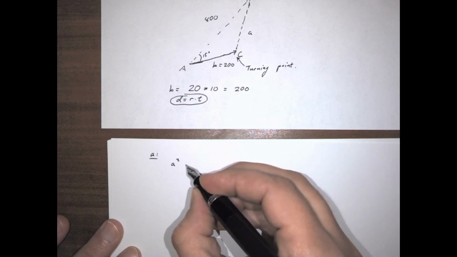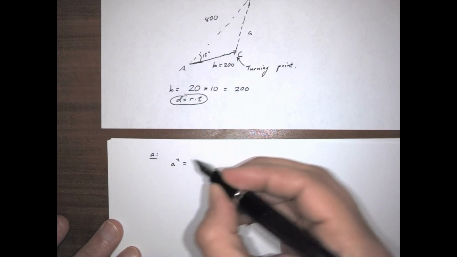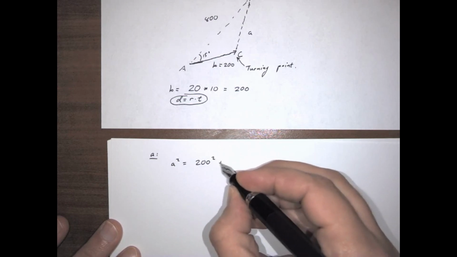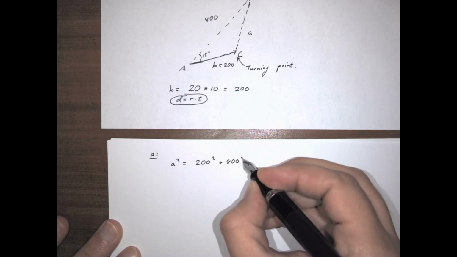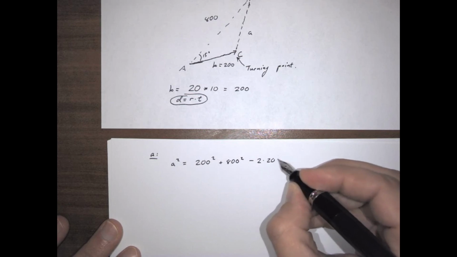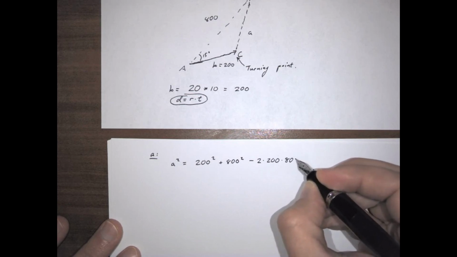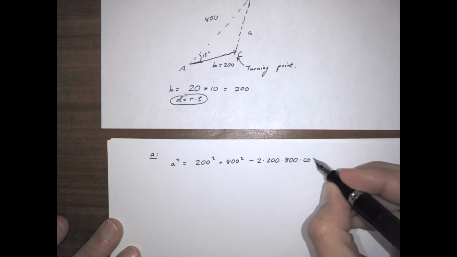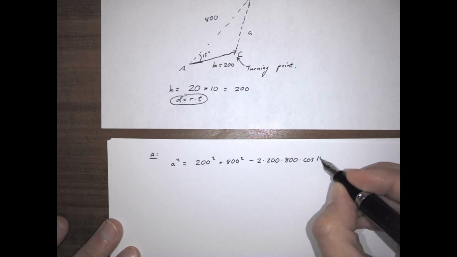Okay, so to find A, we would just use the law of cosines. So A squared is equal to 200 squared plus 800 squared minus 2 times the 200 times the 800 times the cosine of the angle between them, which is here 15 degrees.